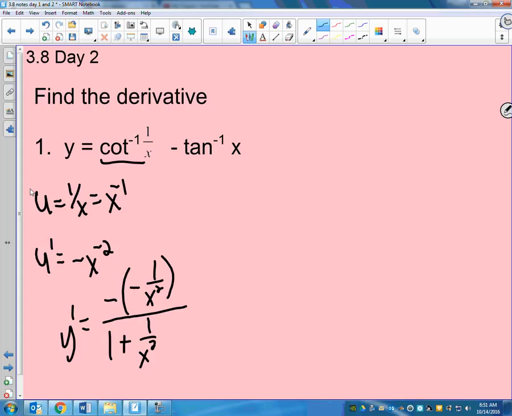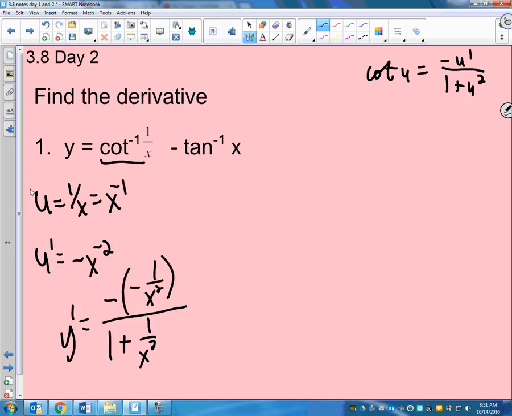Is that true? Do you agree with that? Cotangent u is negative u prime over 1 plus u squared. Do you concur?